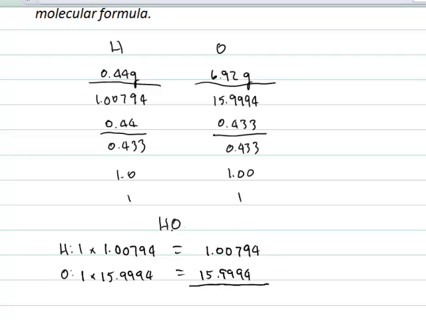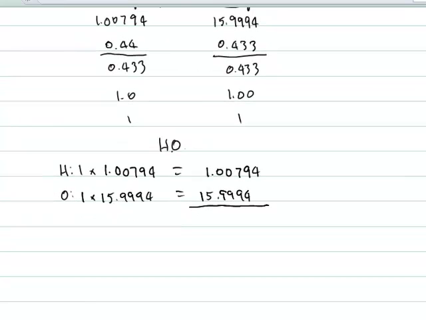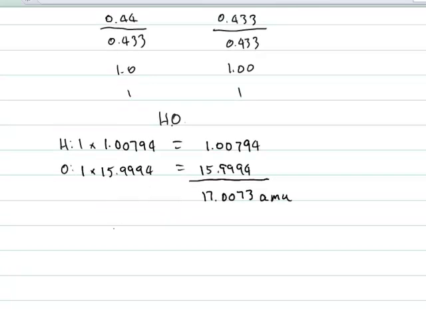When we add those up, we come up with 17.0073. That's to the correct number of significant figures, AMU, atomic mass units.